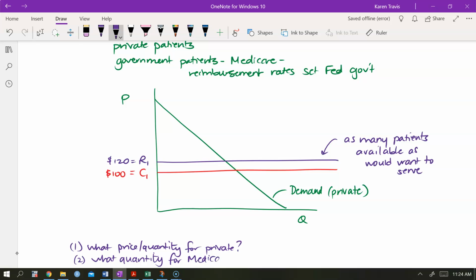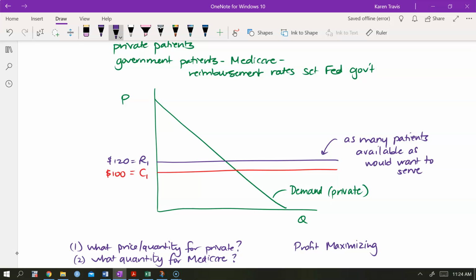There's plenty of them, but if we have a limited capacity in our hospital, we want to choose the right mix of these. And for the moment, we're thinking about this scenario for the hospital as profit maximizing. So if they were profit maximizing, what would they do?